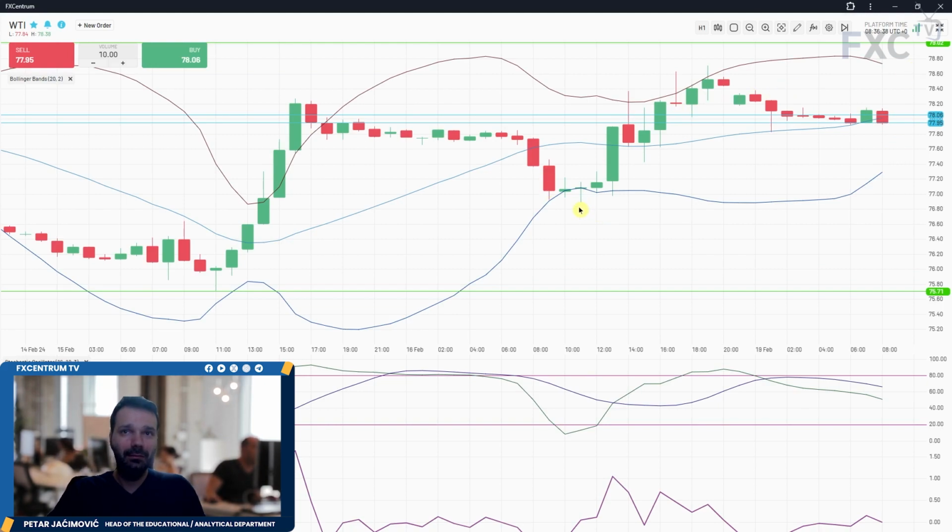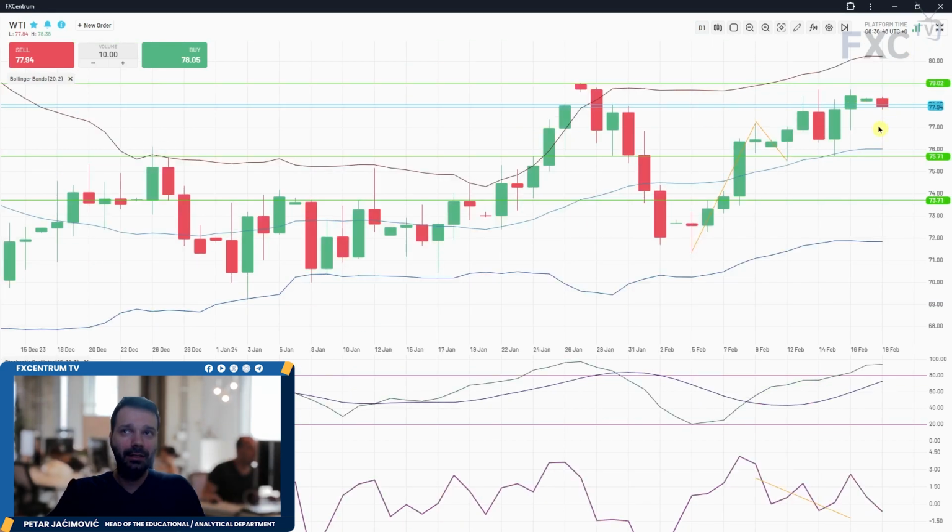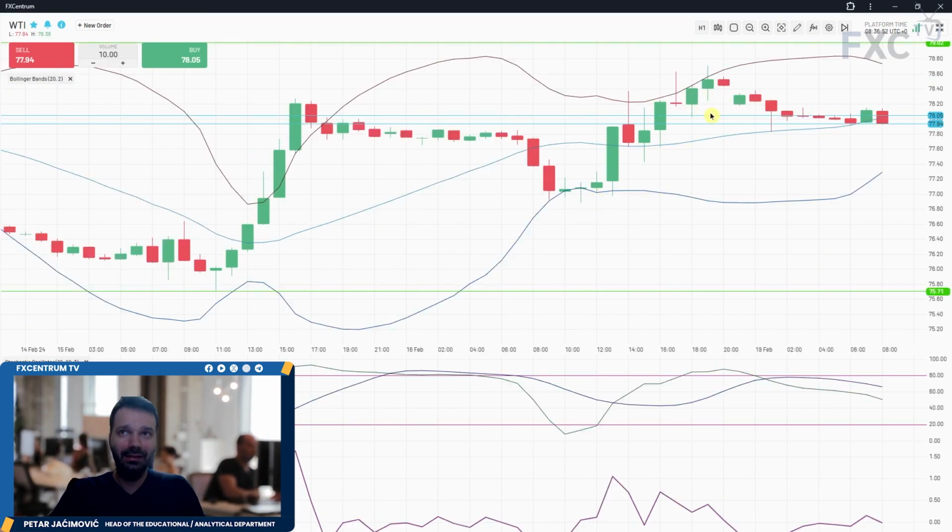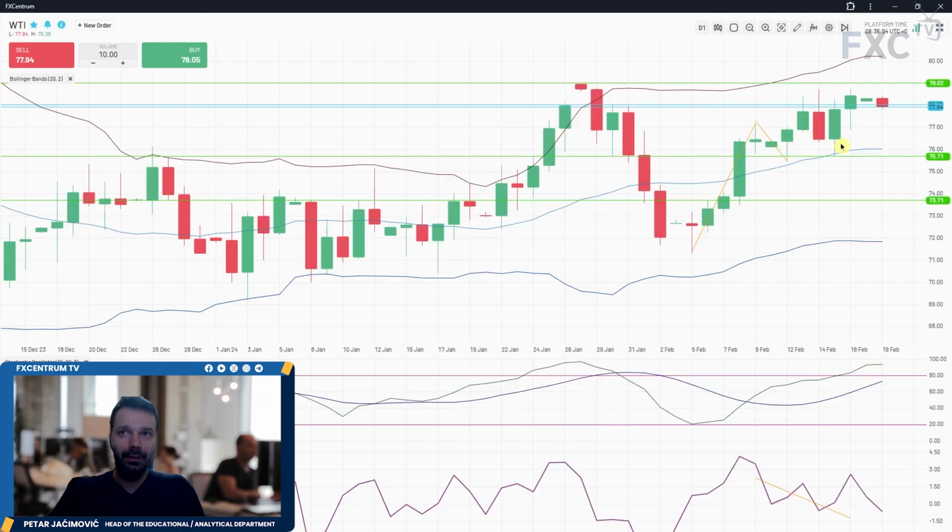So as long as the crude oil is trading above the 76.80 mark, there is a chance for the higher prices. The alternative scenario will be if the market can trade below this pullback low on the hourly time, so below the 76.60 mark. Then I will say there is a chance for the retest of 75.70, or even for the market to trade lower into 73.70.